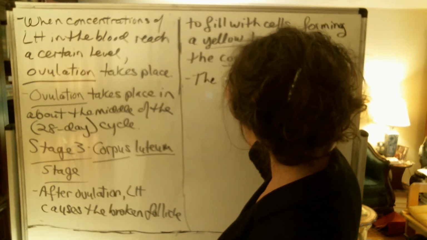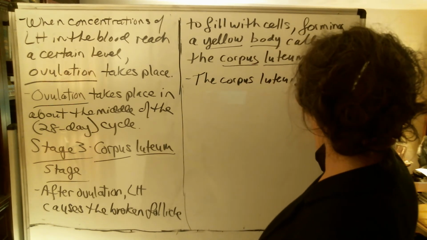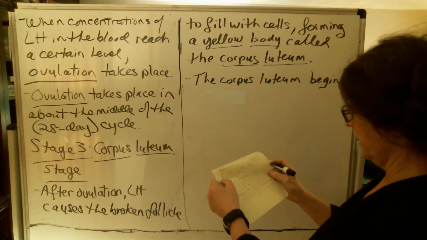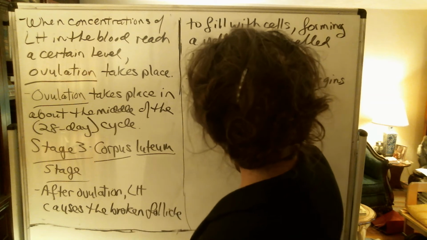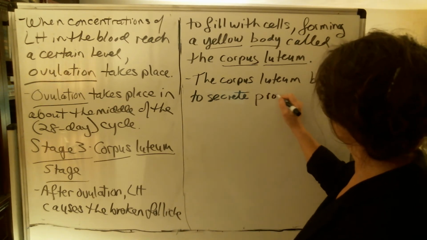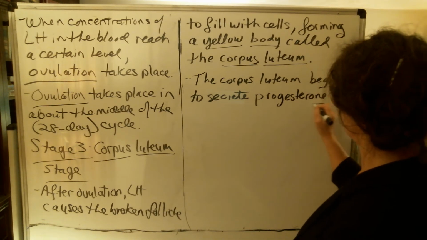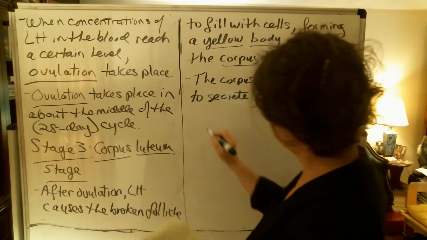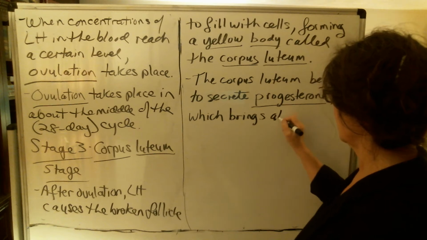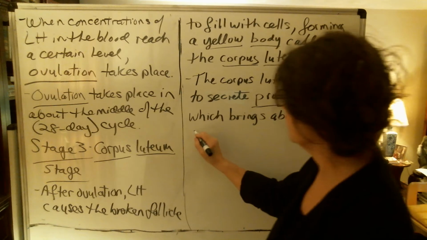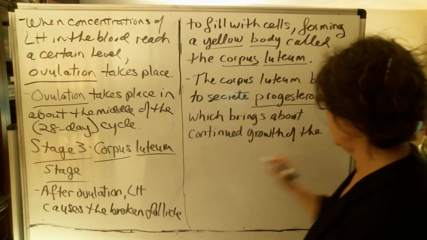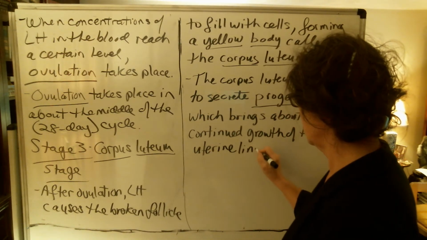So the corpus luteum begins, having only come into existence in the very recent past, to secrete another hormone called progesterone. And this hormone, progesterone, then brings about continued growth of the uterine lining.